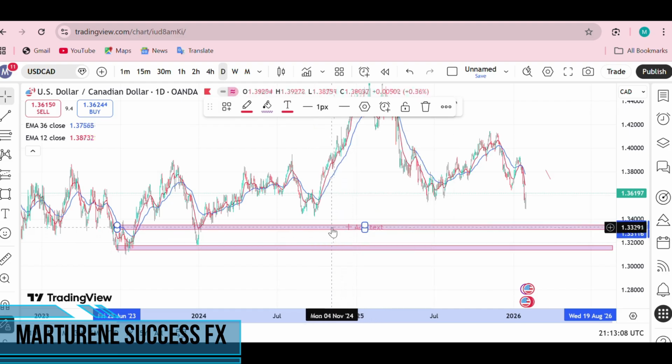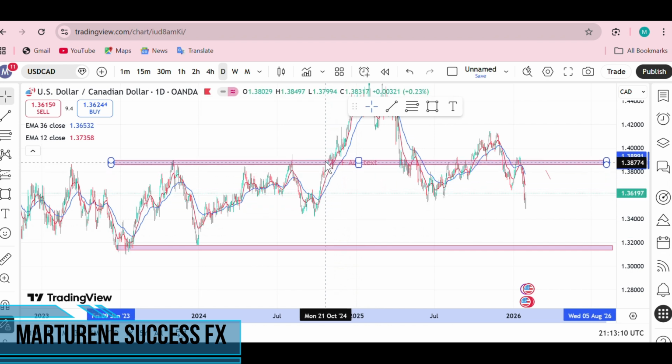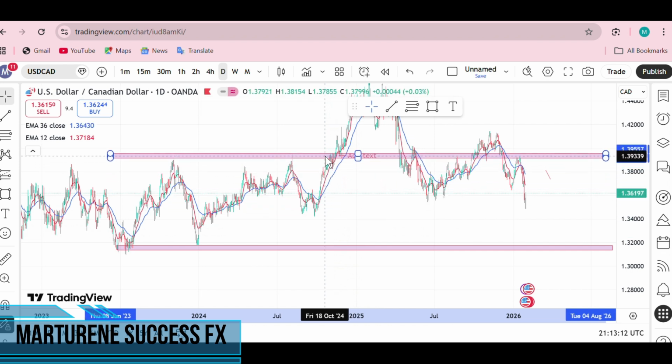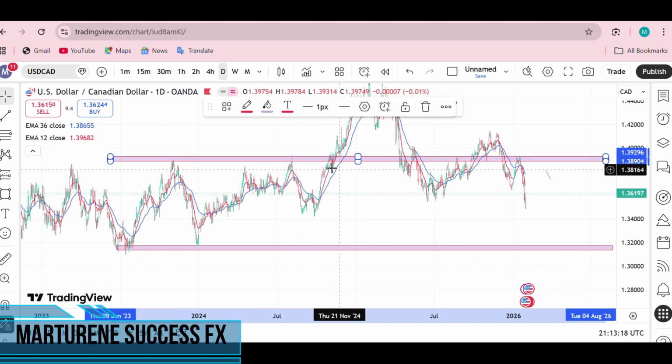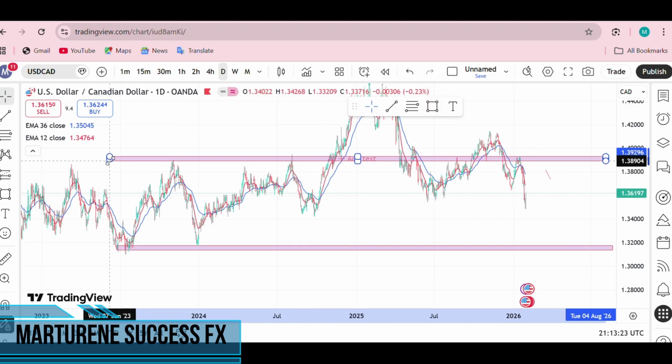Okay, and try to see if I can spot another support. Okay, let me see here. It's a good one. It's another one. Okay, make it to be.